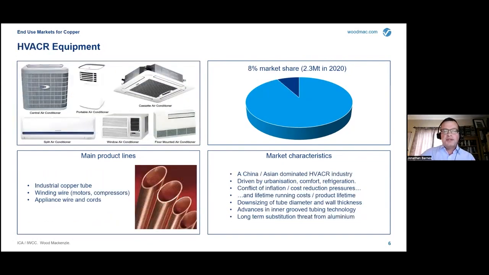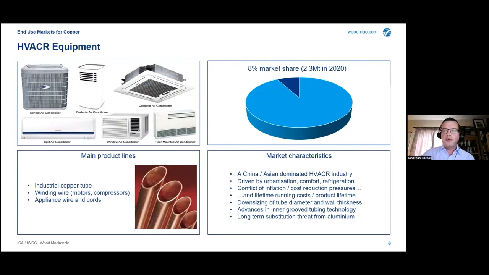Now heating, ventilation, air conditioning equipment. It's typified here by air conditioners, but it's any form of air conditioning, refrigeration equipment, fridges, freezers, anything you might see in a supermarket chilled aisle. It's really comprising just 3 main product lines here. You're looking at industrial tube. If you can see there, it's got hatching within the tube.